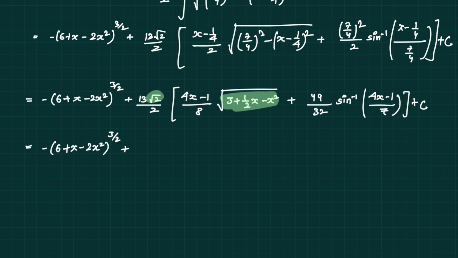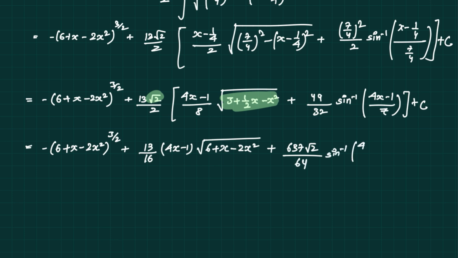Then we will have 13 by 16 (4x minus 1) and multiplying square root of 2 with the square root of this expression gives square root of (6 plus x minus 2x square), plus 49 into 13 is 637 root 2 by 2 into 32 is 64, sine inverse of (4x minus 1) by 7, plus c.